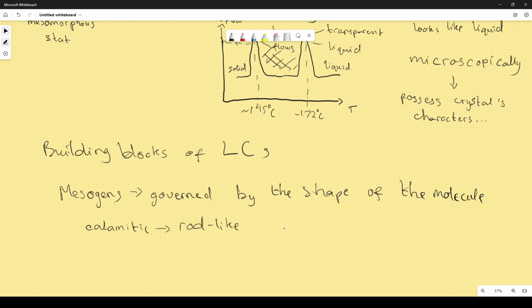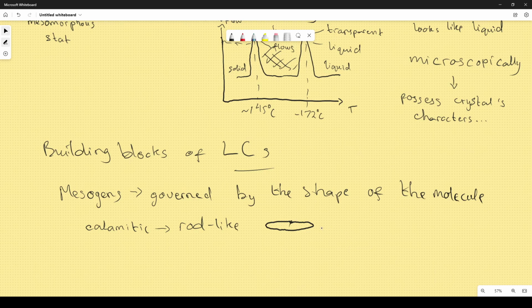They're actually molecules with hydrocarbon chains and all that, but we're not going to talk about them in here. So I'm just going to symbolically draw them like this, like a long rod shape. That may not be the best drawing ever, but you get the point. So one of the building blocks of liquid crystals is just like this.